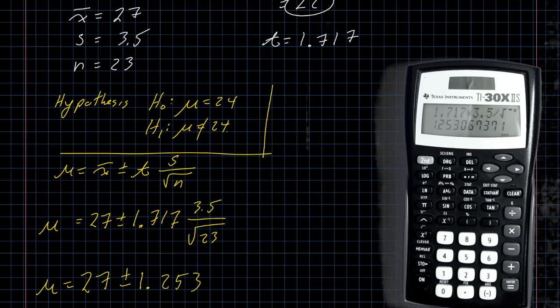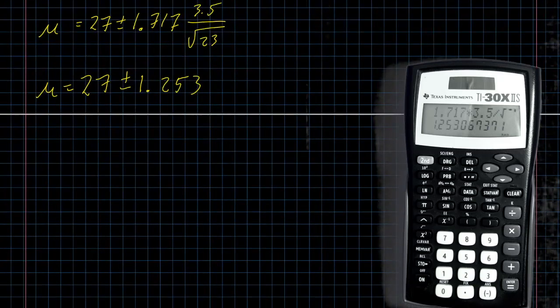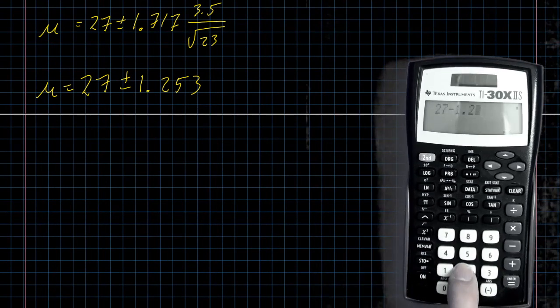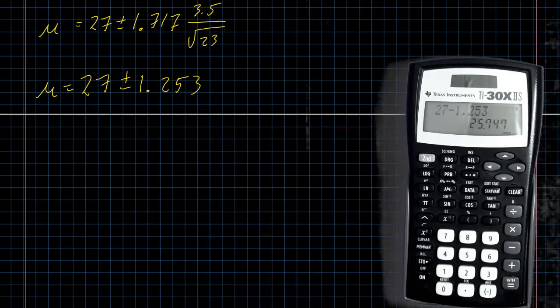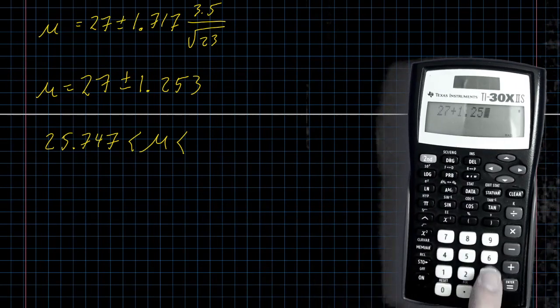That seems like a good place to round this. Then, using my plus or minus, 27 minus 1.253 is 25.747. And 27 plus 1.253 is 28.253.